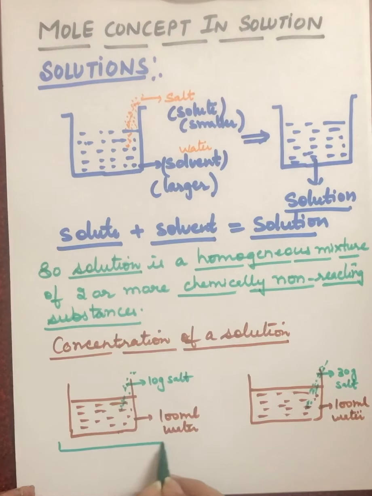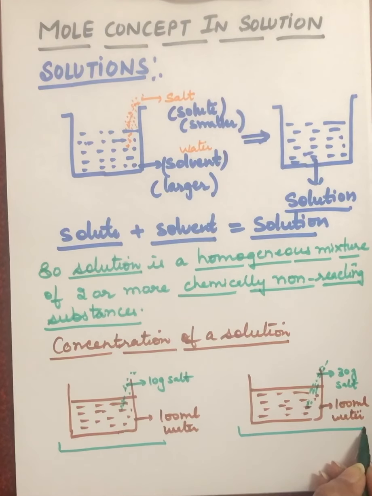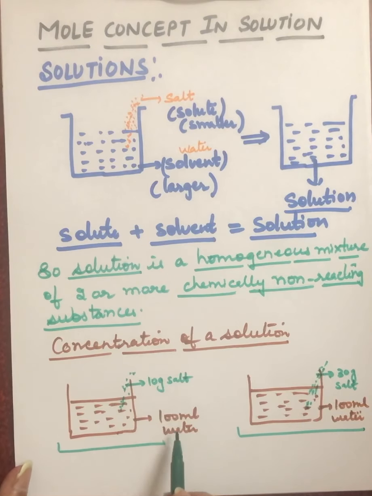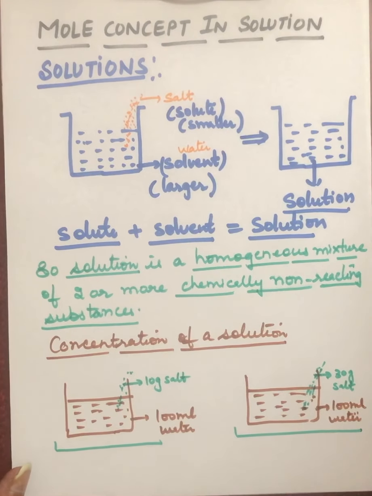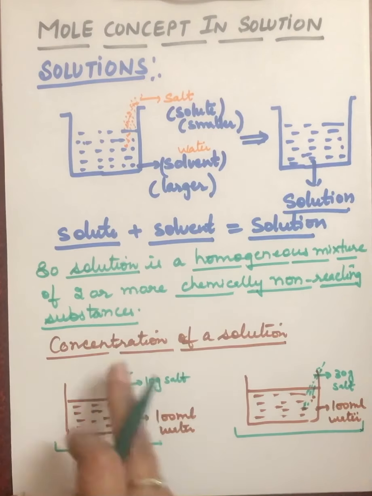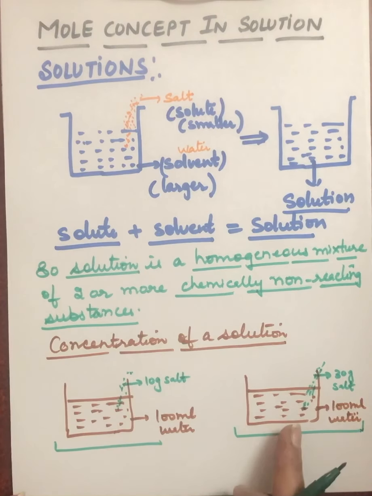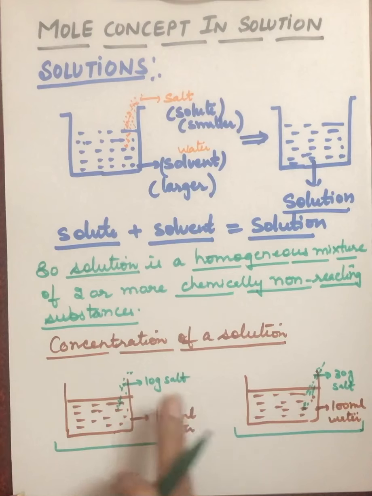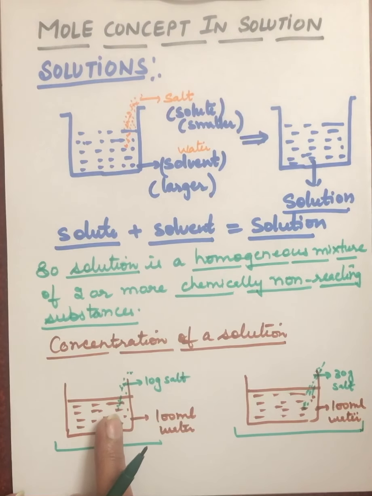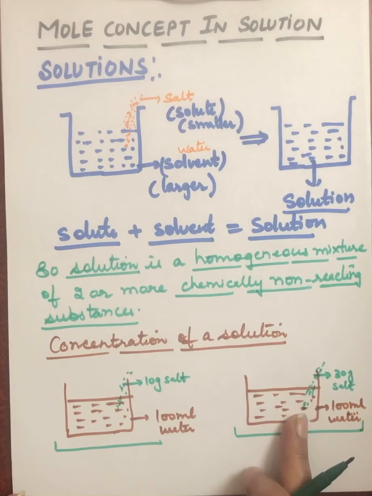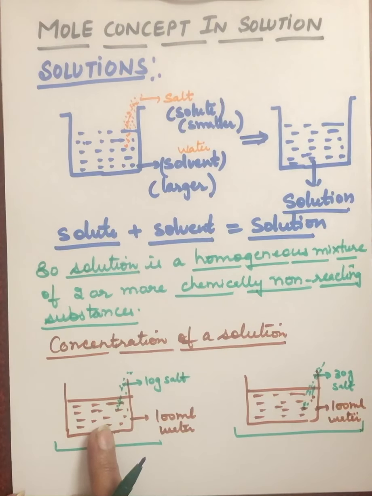Are these two solutions the same? Yes, they are the same in terms that the solute and solvent are the same. But they are different in one thing, that is the concentration of the two solutions is different. In this, less of the solute is there. In this case, more of the solute is there. That means this is a concentrated solution and this is a dilute solution.